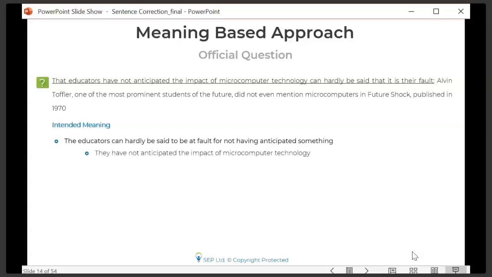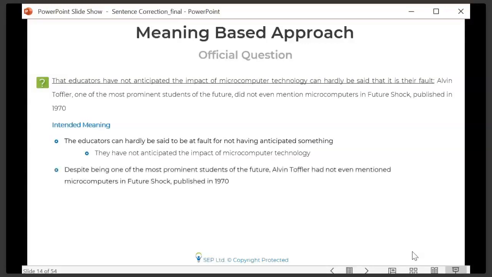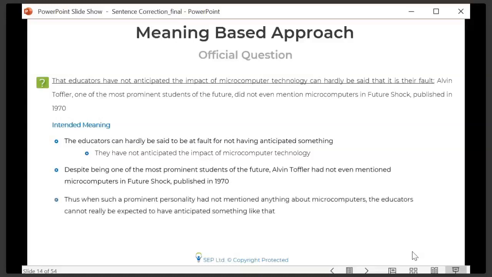They have not anticipated the impact of microcomputer technology. And despite being one of the most prominent students of the future, Alvin Toffler had not even mentioned this. So again, what is the purpose of putting these two things together? When such a prominent personality had not mentioned anything, the educators cannot really be expected to have anticipated something like that, right? So again, this taste of the contrast has to be brought out by the sentence that you choose as the correct answer choice.